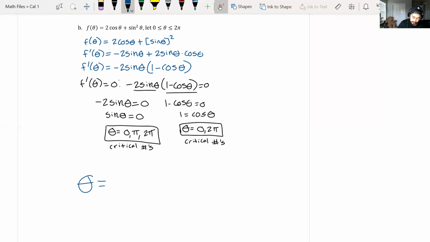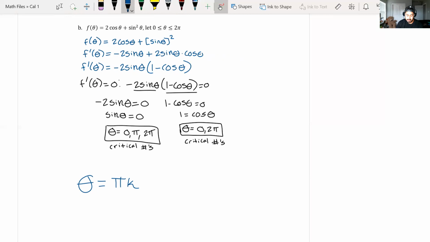So I would make theta equals pi k, where k is any integer. 0, pi, yeah, pi k. I think that's it.